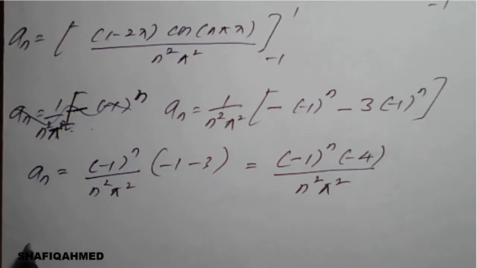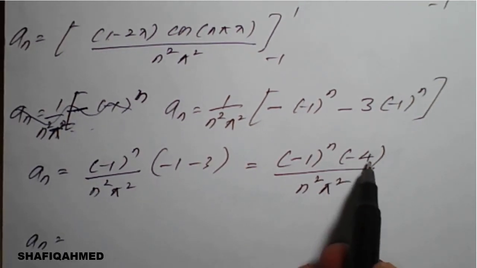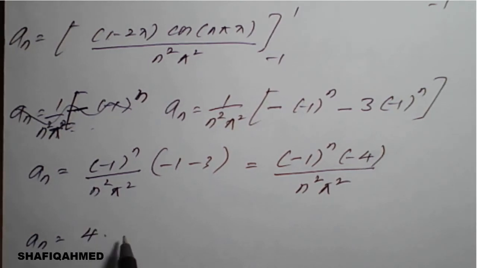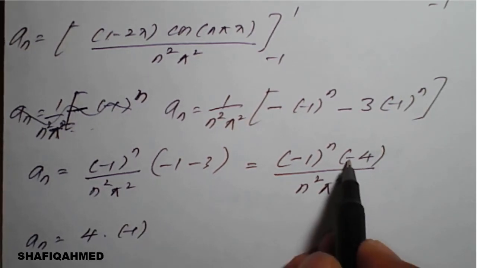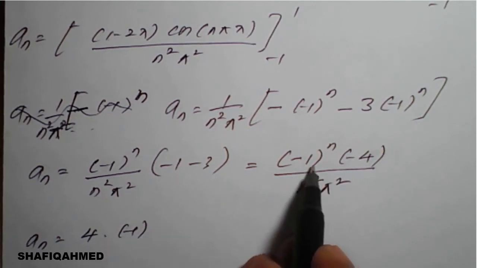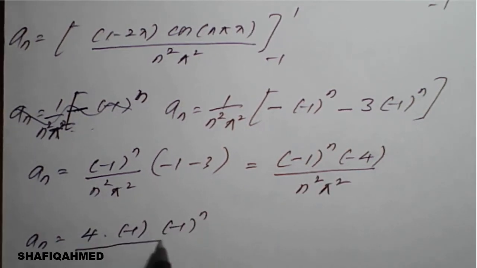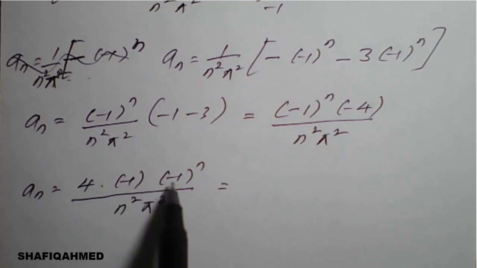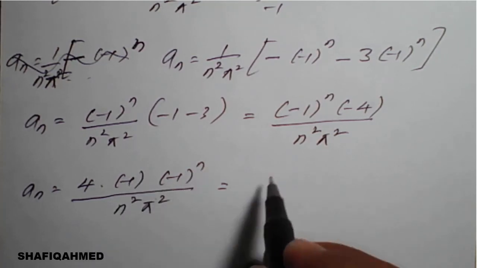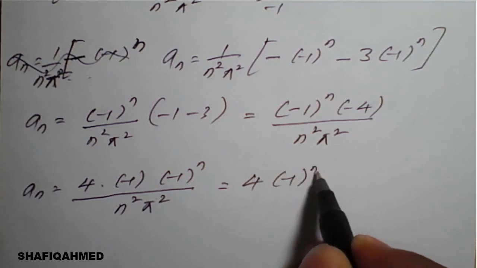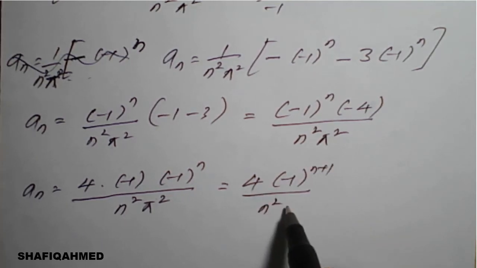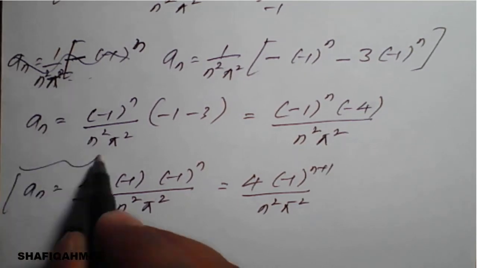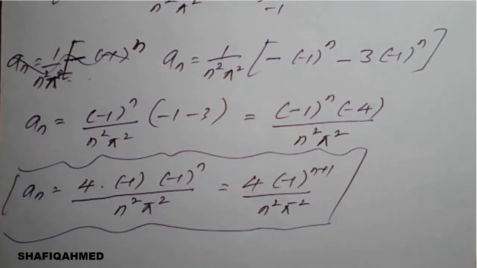So pay attention, a_n is equal to this minus 4, I will write 4 into minus 1. This 4 into minus 1 is minus 4, and this minus 1 raised to n as it is, divided by n square pi square. Or I can say that 4 into minus 1, bases are same, minus 1 raised to 1 times minus 1 raised to n, it will become 4 into minus 1 raised to n plus 1 divided by n square pi square. So this is the required value of our a_n.